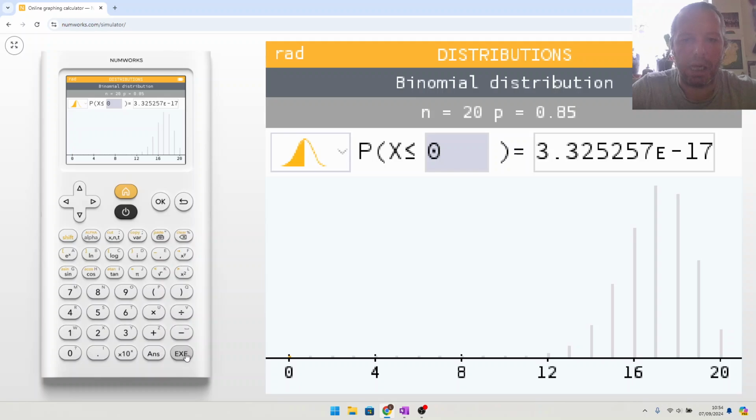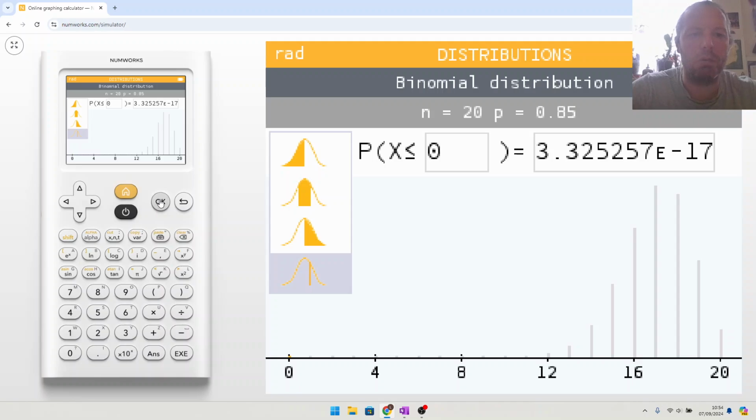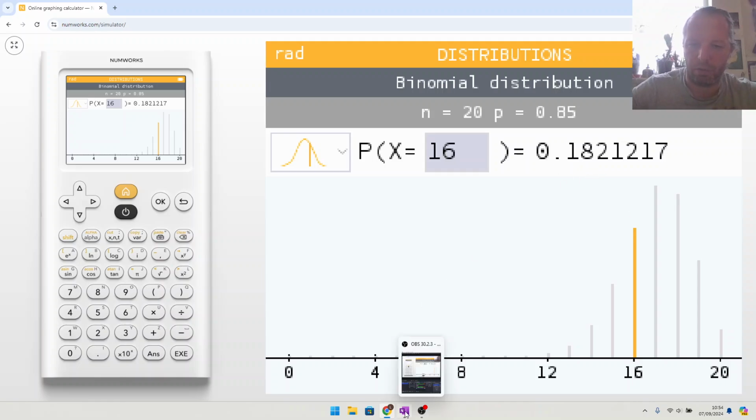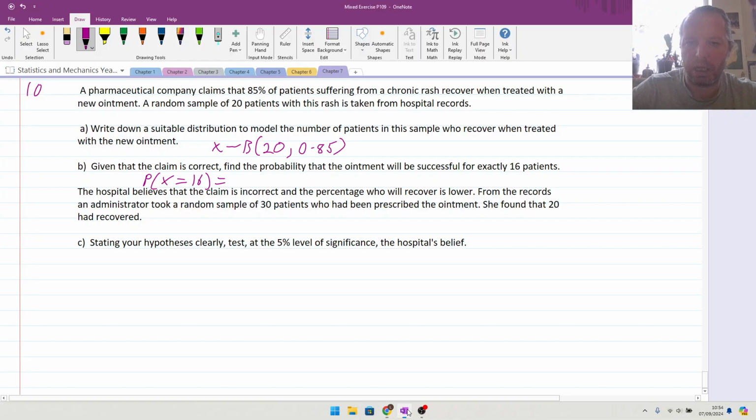We don't want less than or equal to, we want to change this to equals. X equals 16, go, and there it is, 0.182.